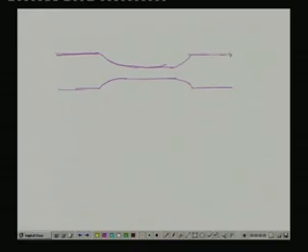Now, as we know, the design is always based on the weak sections.